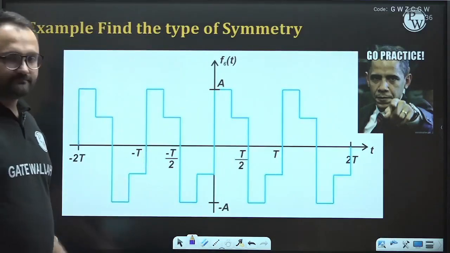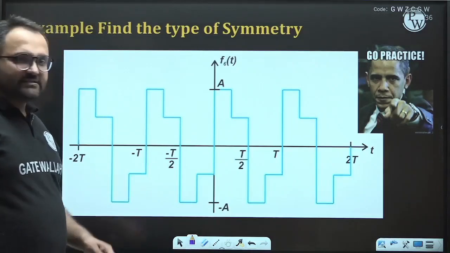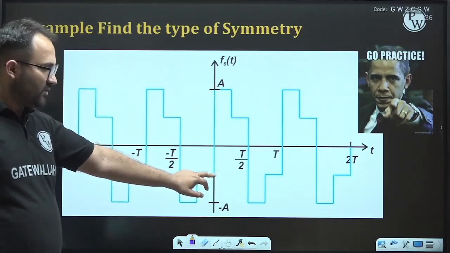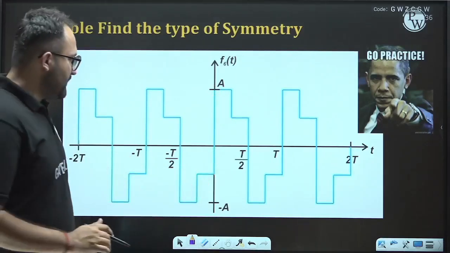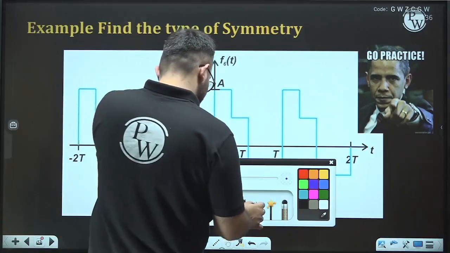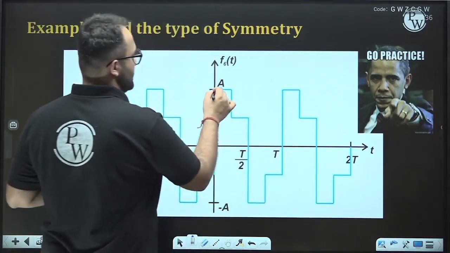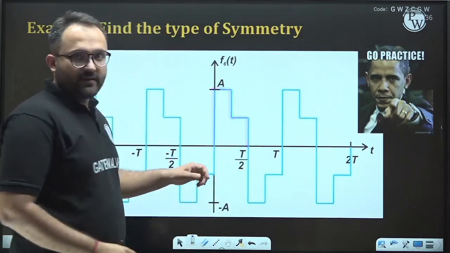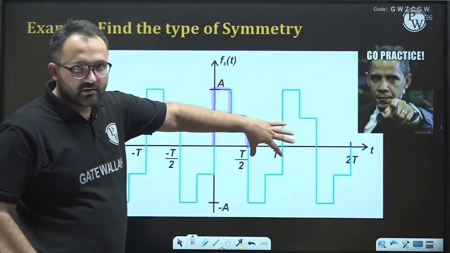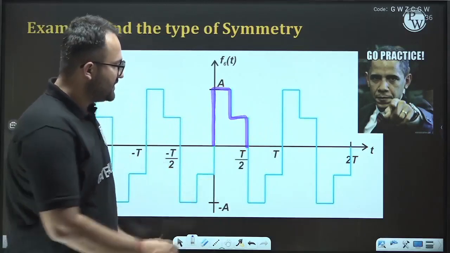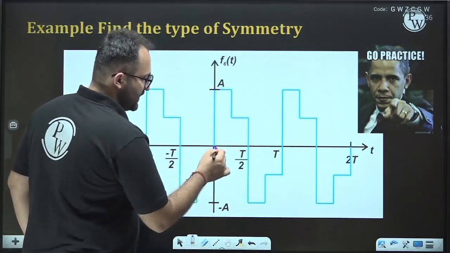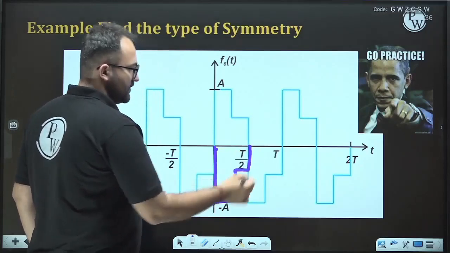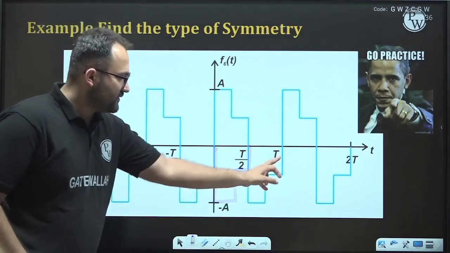Next, this one. We can see this is neither even nor odd, because here it is A, here it is not A. But is this half-wave symmetric? Let us see. Here it is cos plus A and then this. If we shift this by half time period back, or to the left side, this portion will go left.